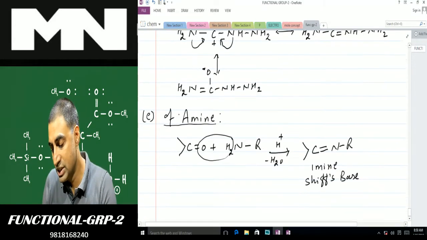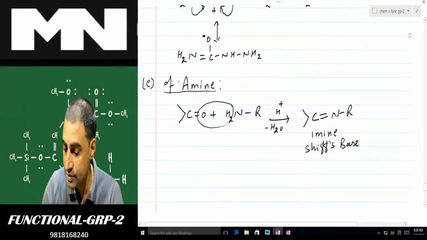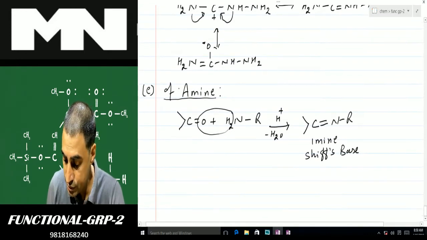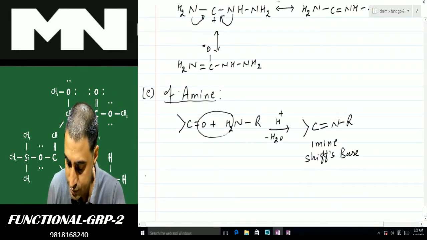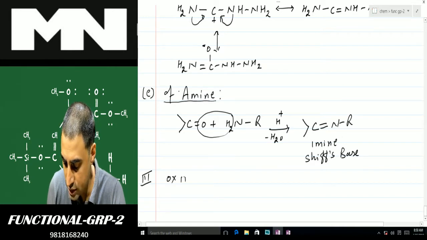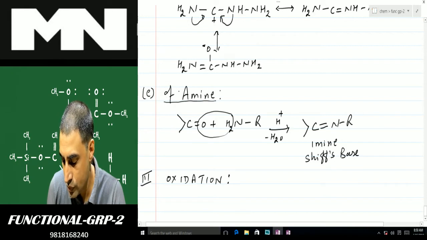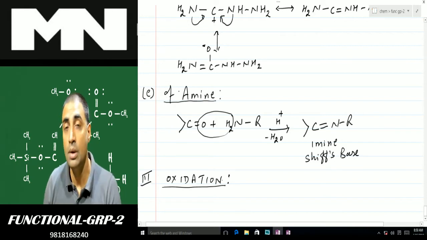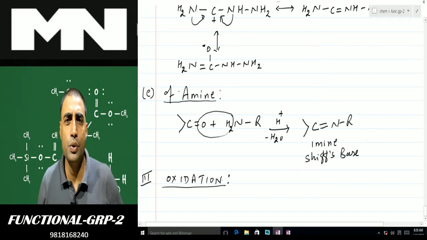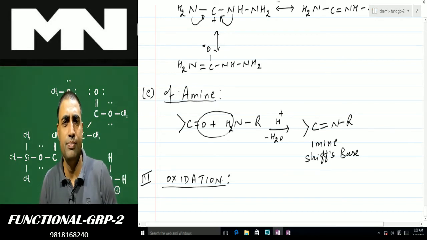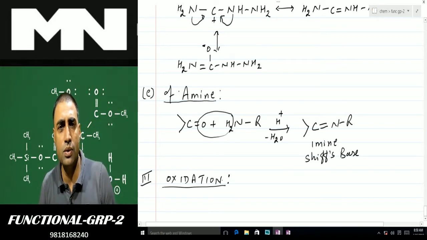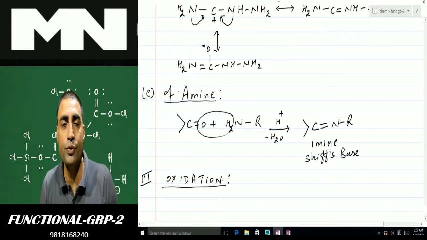After that, we'll see the next type of property, that is oxidation. Third is oxidation. Dear students, I told you one thing beforehand when we were talking about alcohols in functional group 1, that if you oxidize alkanes, they'll give you alcohols.